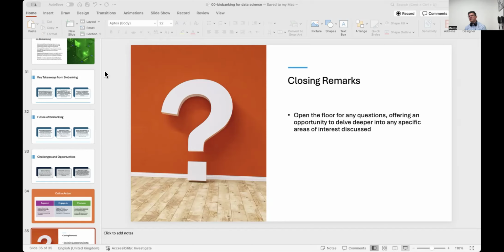What's a genome-wide association study? It's a collection of genetic markers that have been associated to a specific condition.